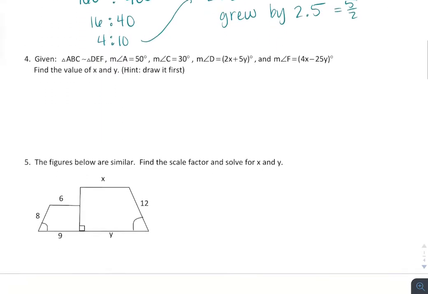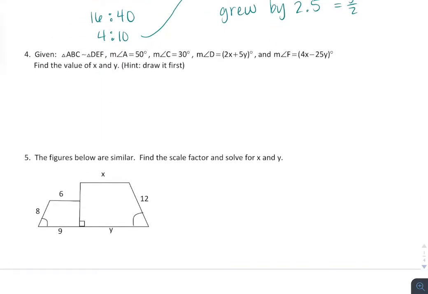Number 4, it says ABC is similar to DEF. The very important thing to know about this is that while the sides are not congruent, the angles are.